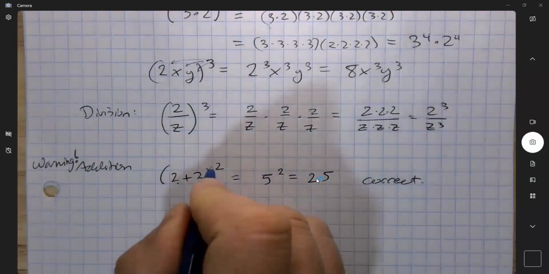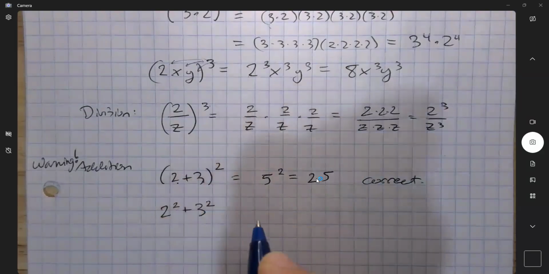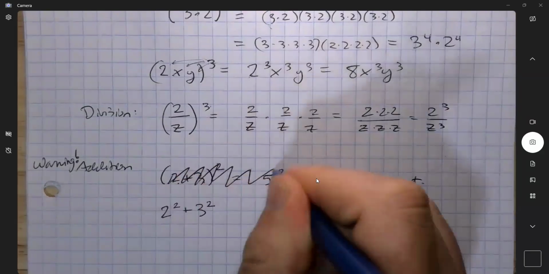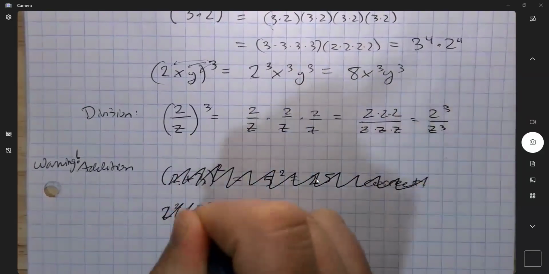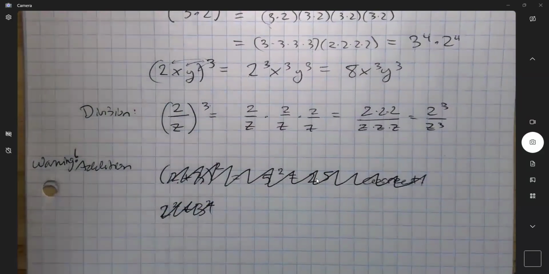But if I try to distribute, I would have 2 squared plus... oh, see, I picked the one that does work. There's always an exception, and I picked the exception where it actually does work. Did I? No, I was safe. I'm a little tired, but I'm doing okay.